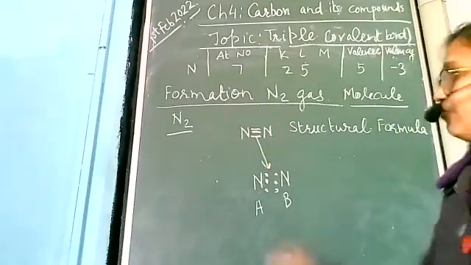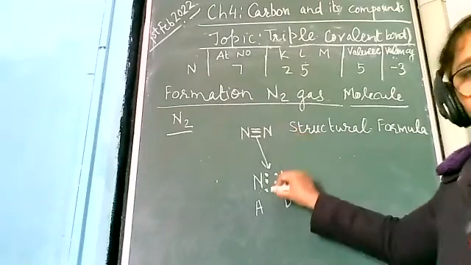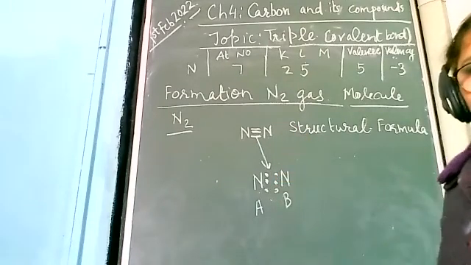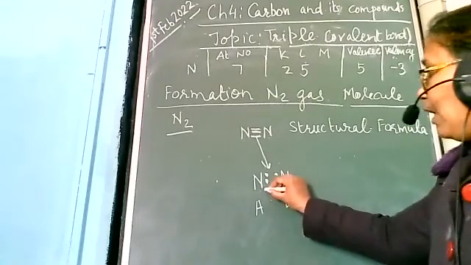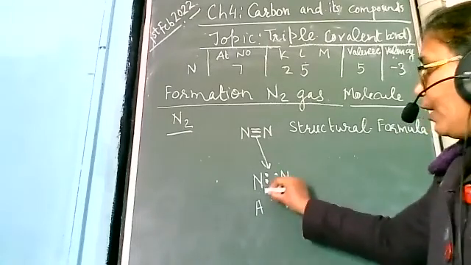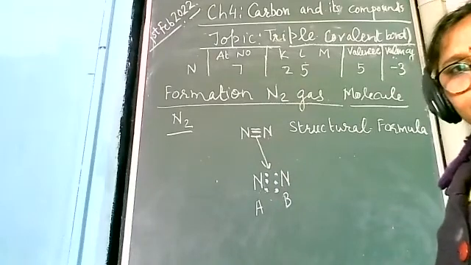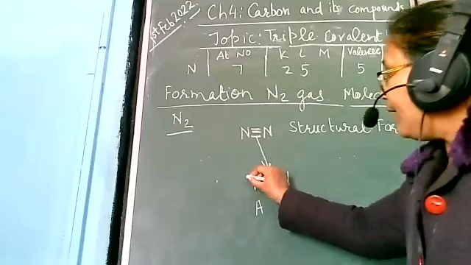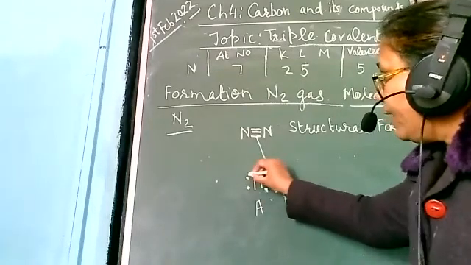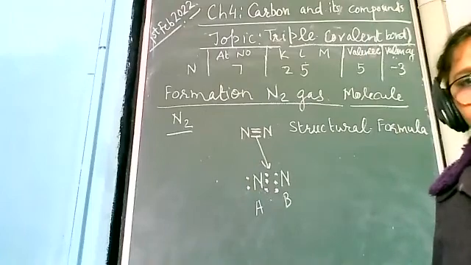I told you, if we write this structural formula, we will easily be able to write it and will not make any mistake. Now how many electrons are left for A? 2. So I may write 2 here, again in pair form.